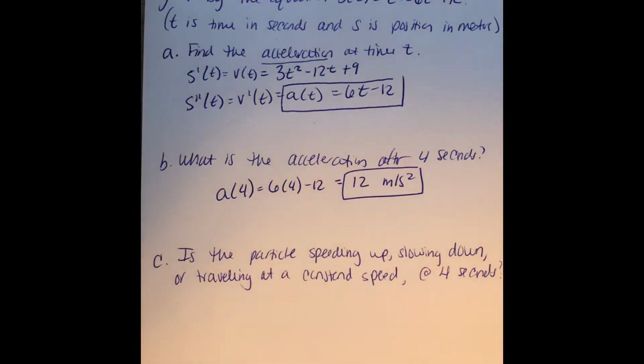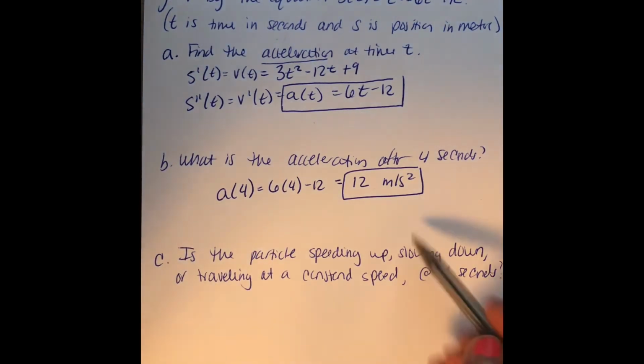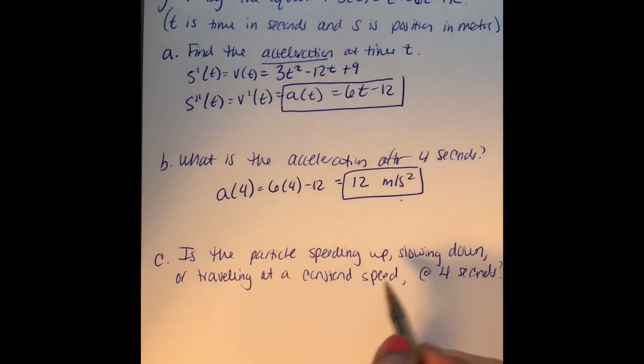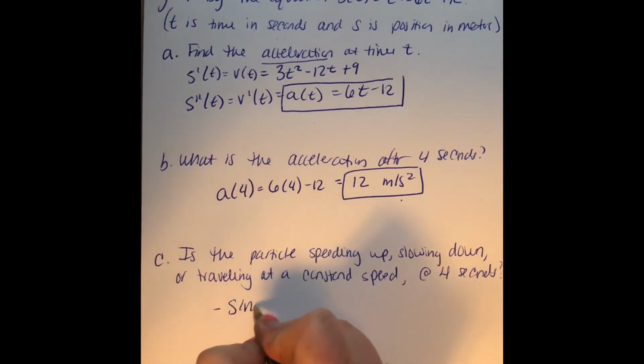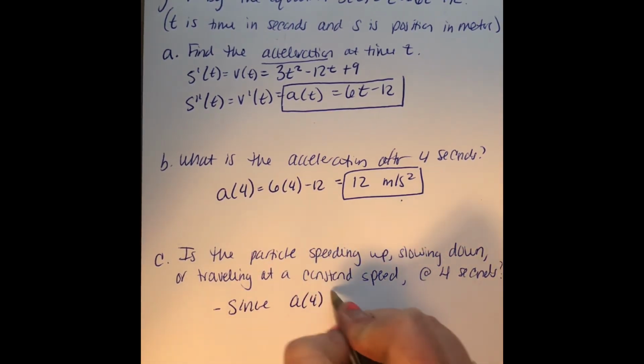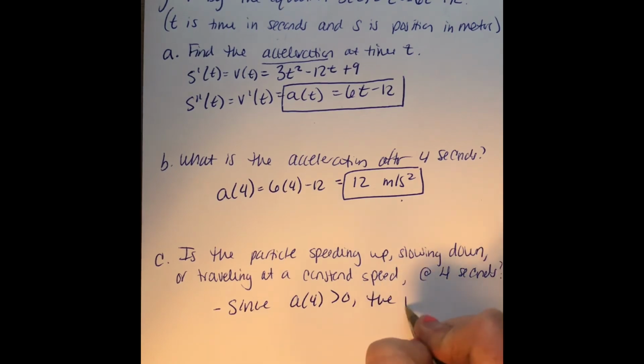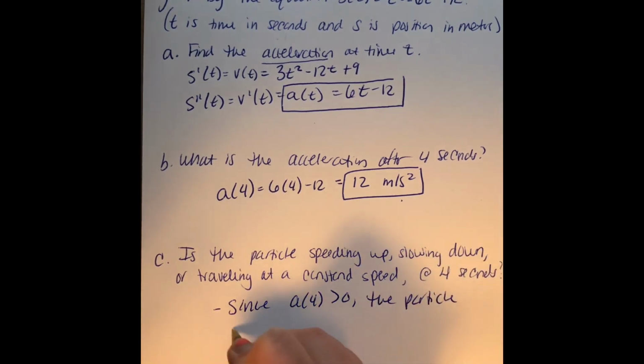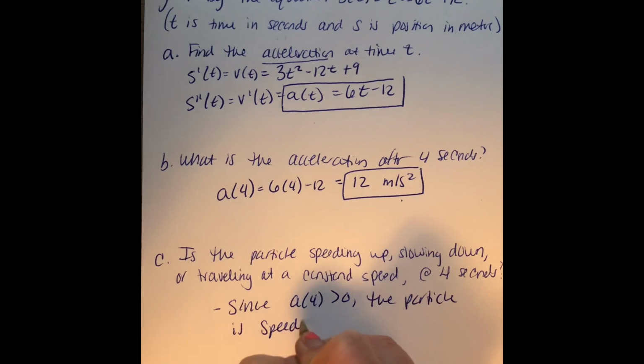And then last but not least, it's asking us if the particle is speeding up or slowing down. Since our acceleration is 12, which is bigger than 0, so since a of 4 is greater than 0, the particle is speeding up.